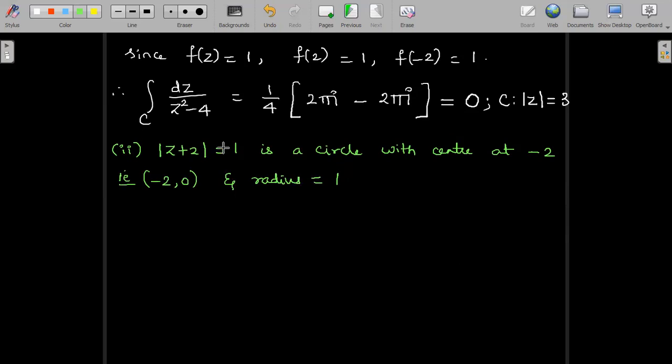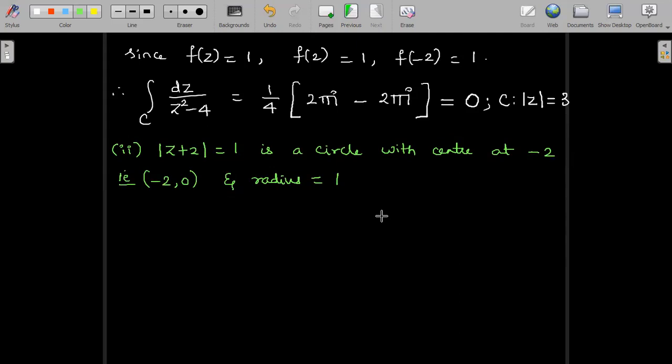Again, we are comparing this with z minus a. So a value is equal to -2. So that is why center at -2, that is -2, 0 in terms of the coordinates, by comparing this with x plus iy. So x is equal to -2 and y is equal to 0. There is no imaginary term. That is why y is equal to 0 and radius equal to 1.